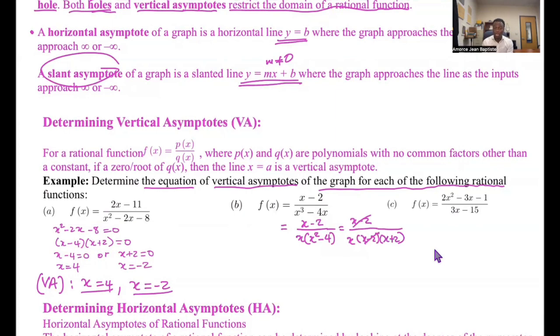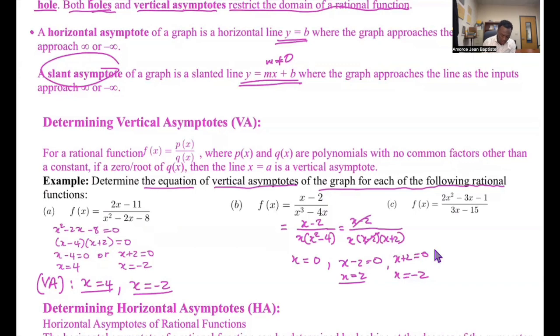The zeros of the denominator are x equals 0, x minus 2 equals 0, so x equals 2, and x plus 2 equals 0, so x equals negative 2. For x equals 2, that's the factor that you canceled out, right?